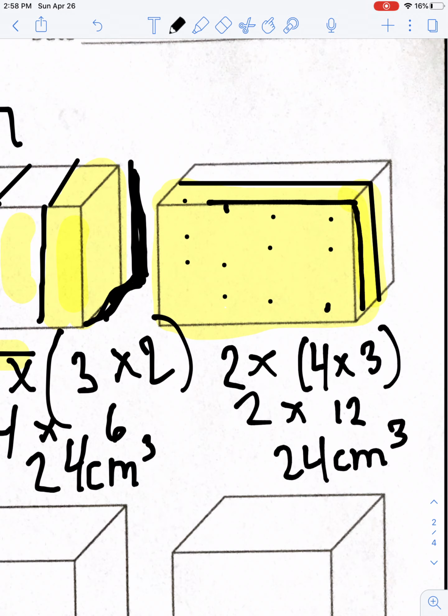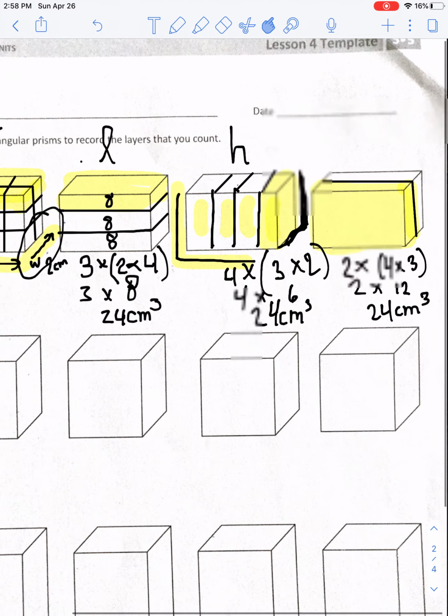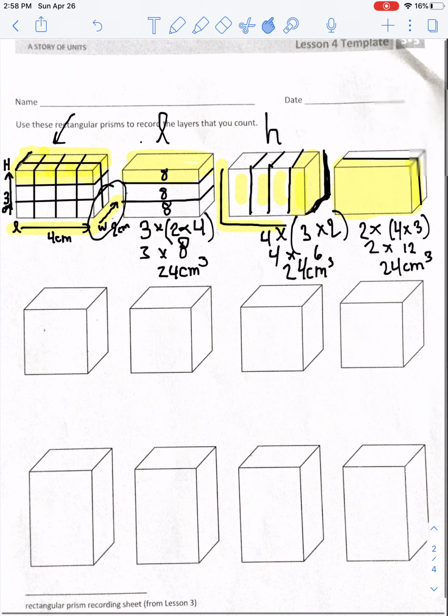So yesterday we would have just wrote 12. 2 times 12. 2 layers, 12 blocks in each layer, which gives us 24. Okay? Today, we are not coloring in the lines. We are not making the lines like we did yesterday. All we did was decompose this one prism 3 different ways.